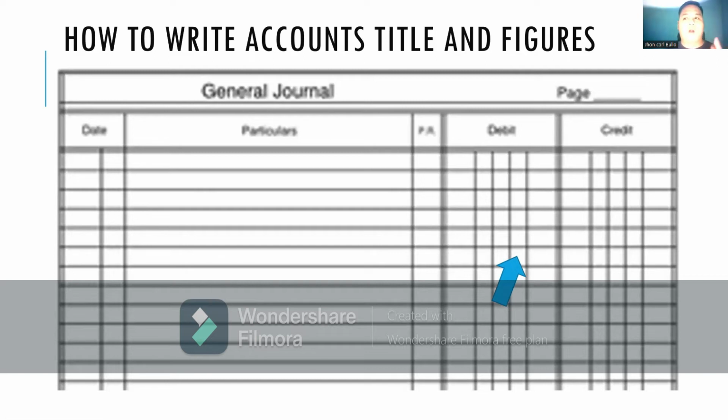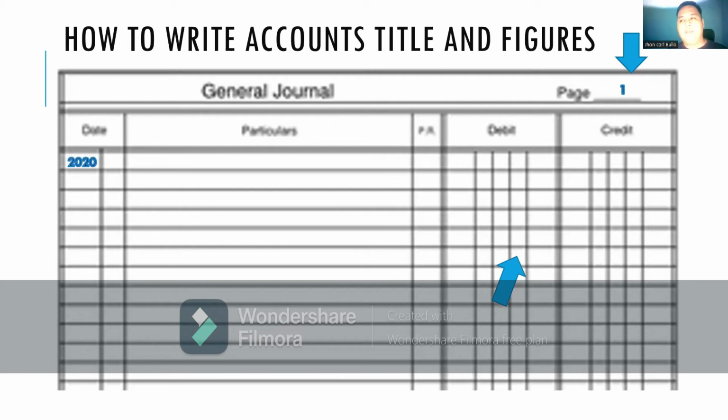We do have the two columns. First, we need to identify what page of the general journal we are on. Why? Because this will be your reference once you step into the second step, which is the posting to the ledger.